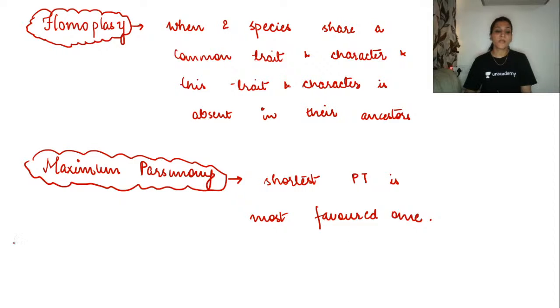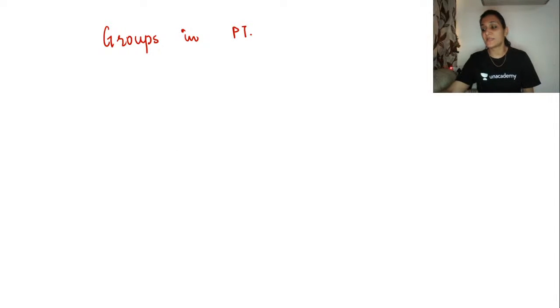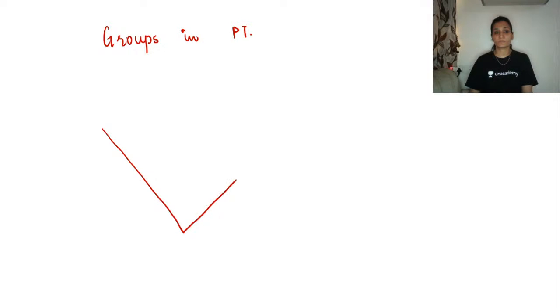This is the thing. Now there are certain groups in a phylogenetic tree that we should know. So, groups in phylogenetic tree. First of all, I'll draw a phylogenetic tree and then I'll explain how these phylogenetic groups are actually called so.